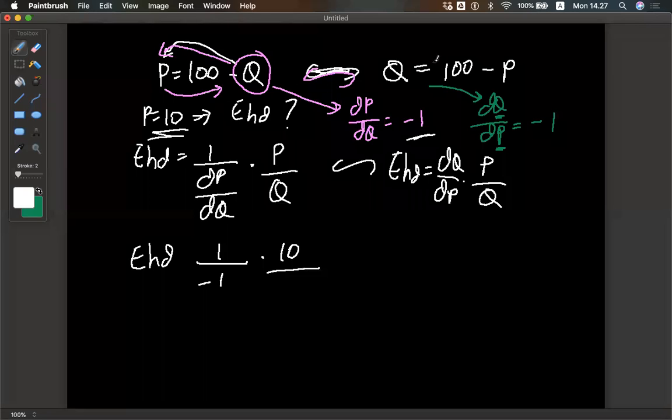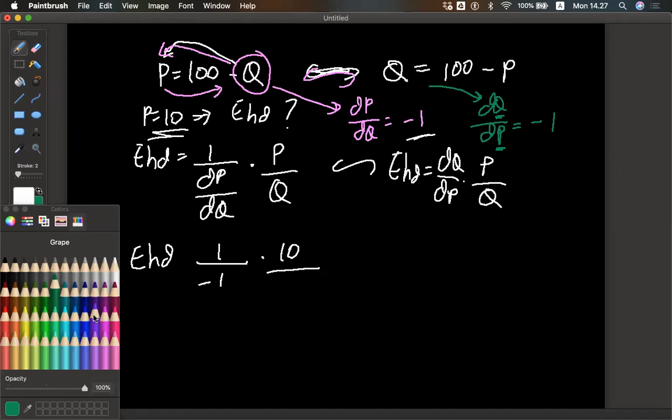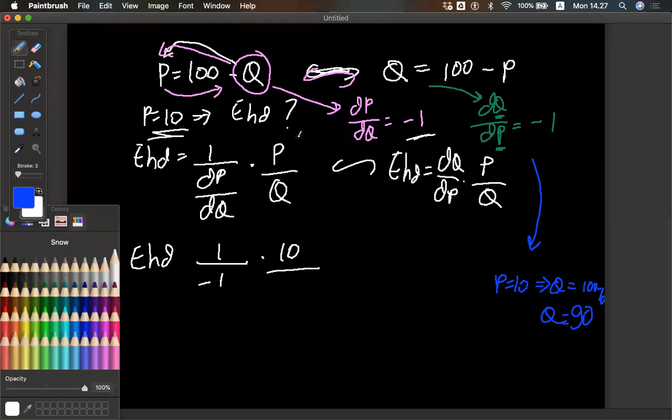Q equals 90. So if P equals 10, then Q equals 90.